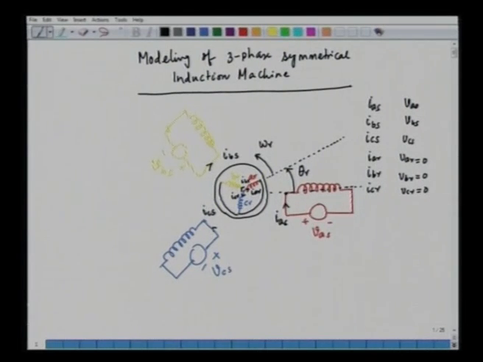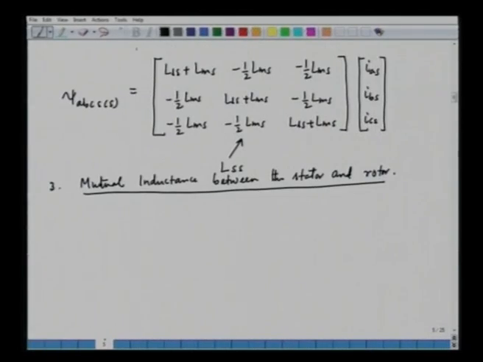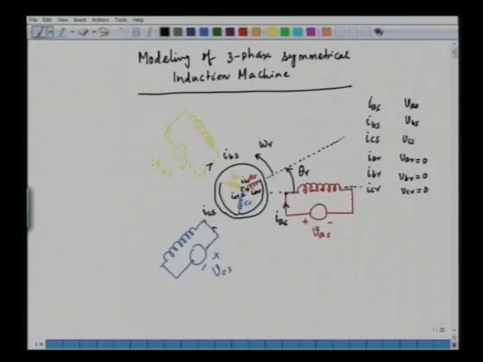If you want to find out the inductance between AR and AS, that will be a component of cos theta r. So we can just say that LASAR is equal to LBSBR.